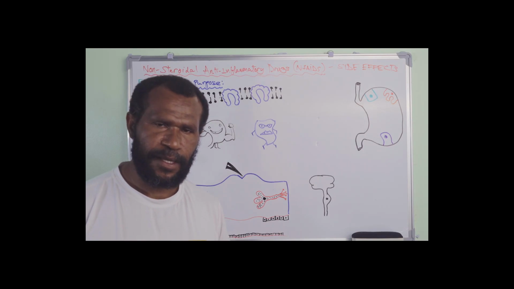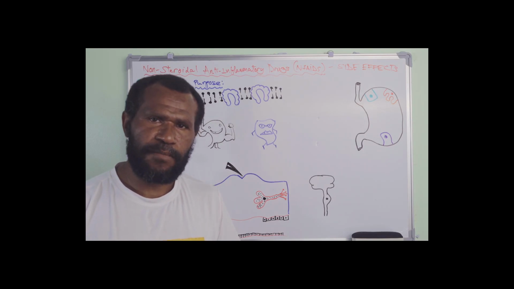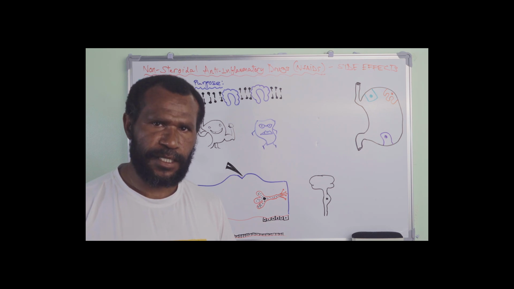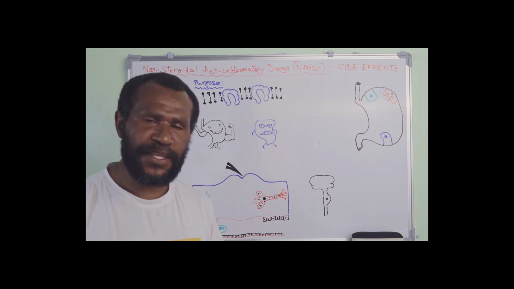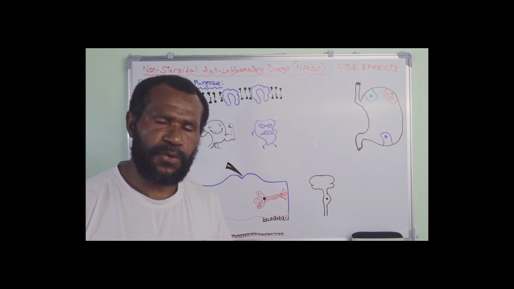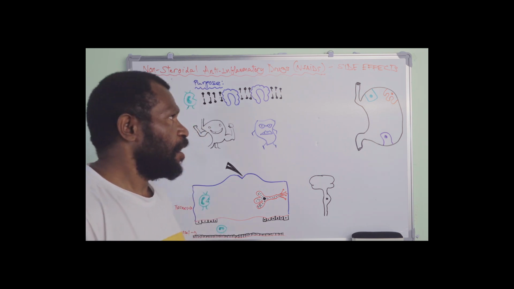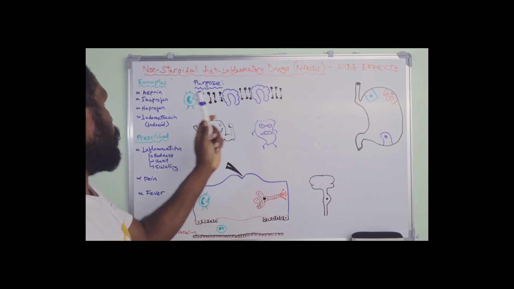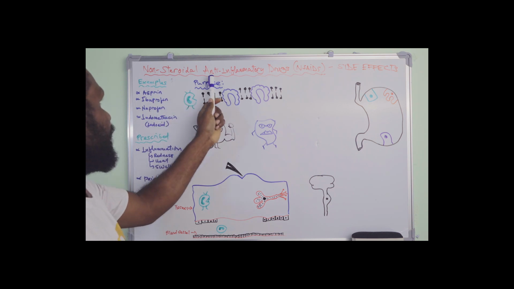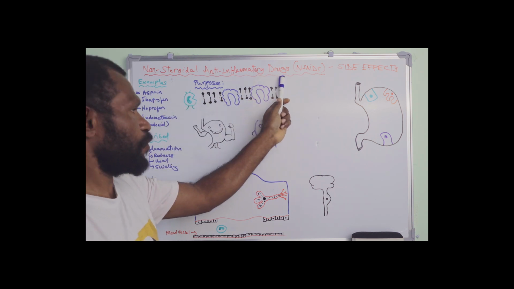Hi everyone. Most of the modern day diseases have their roots in inflammation. And when there is inflammation, the most common medications prescribed for inflammation are NSAIDs, or non-steroidal anti-inflammatory drugs.